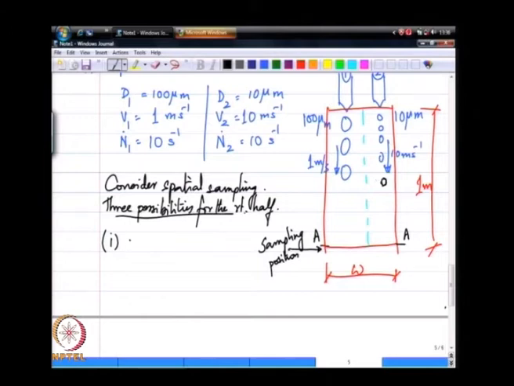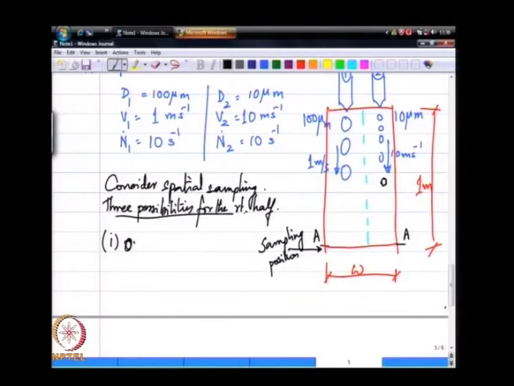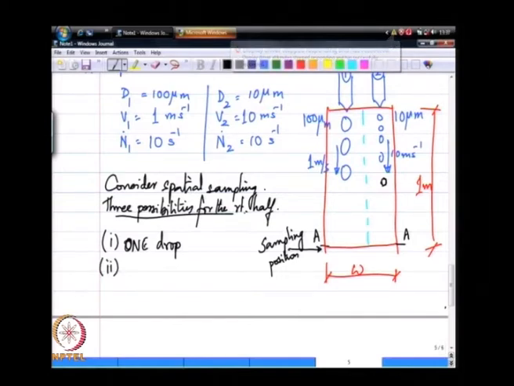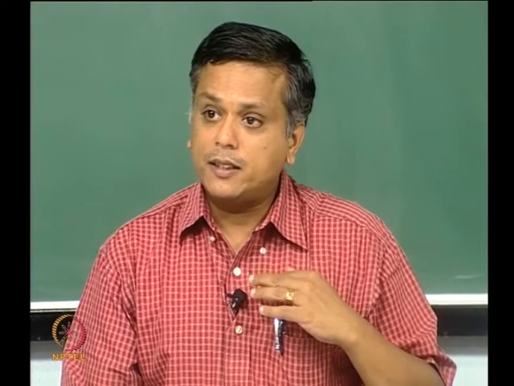So, I could have one drop in the frame, or there is also a very remote instance, say for example, if this was not 1 meter, but 0.9 meters, or slightly less than 1 meter, I could also have the instance where the drop has just exited and I have not yet produced the next drop on the right half.